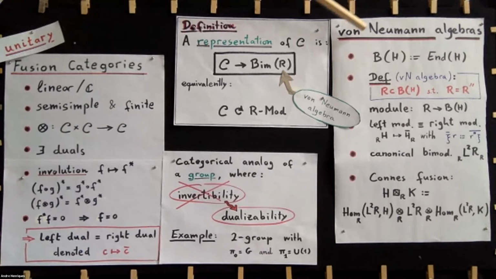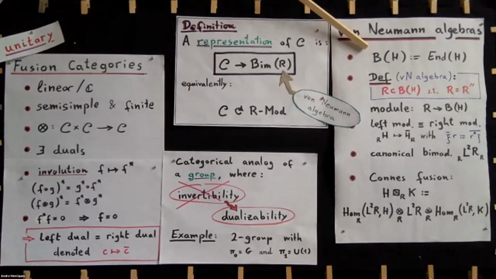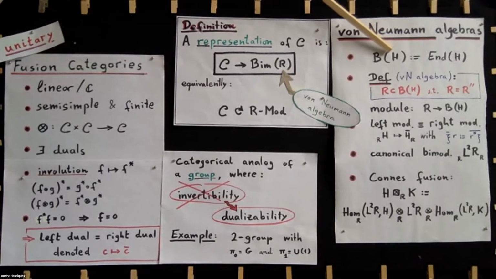So H here always refers to a Hilbert space. B of H is the standard notation used in this area to talk about operators. So the linear maps from H to H, which are also continuous, that's called B of H, because continuous in operator algebra is called bounded. So bounded operators from H to H, that's B of H.